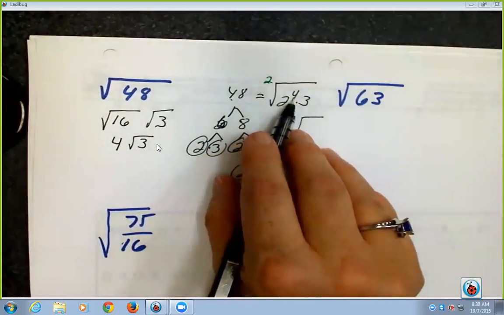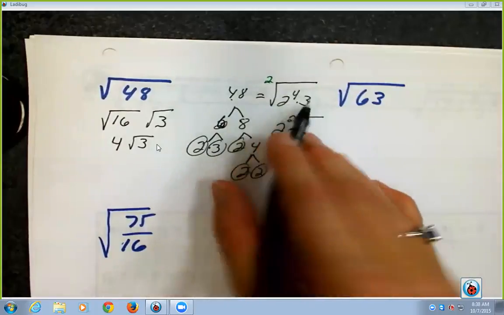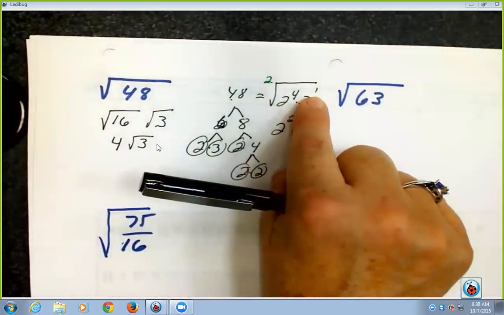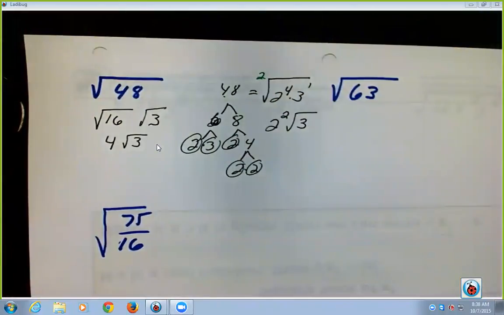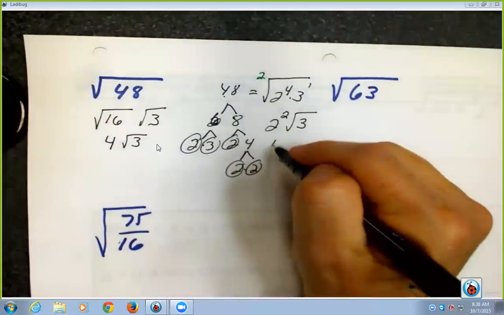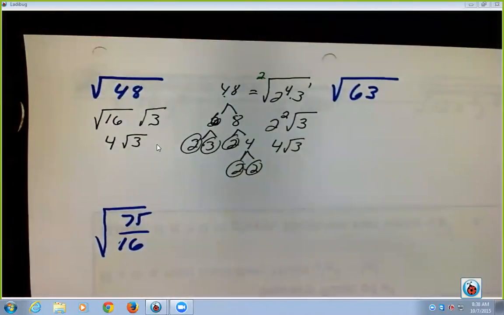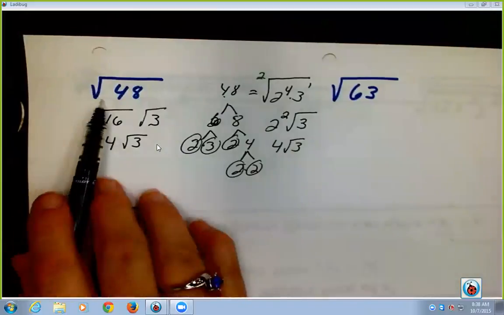2 goes into 4 evenly, so there's no 2s left. Does 2 divide into the exponent on 3? Not at all, right? So 2 does not go into 1, so the 3 has to stay underneath my radical. 2 squared is 4, the square root of 3. I did not have to start thinking about where do I have any perfect squares in there and what perfect squares are going to go into that.